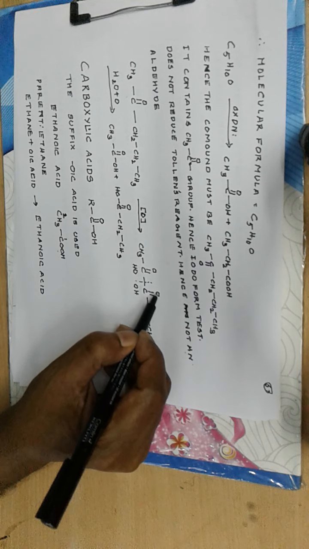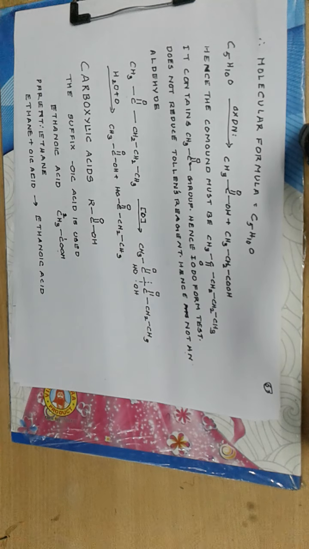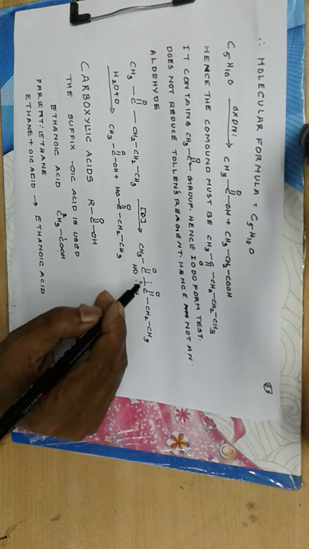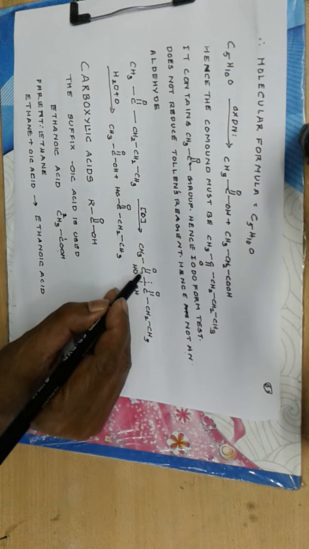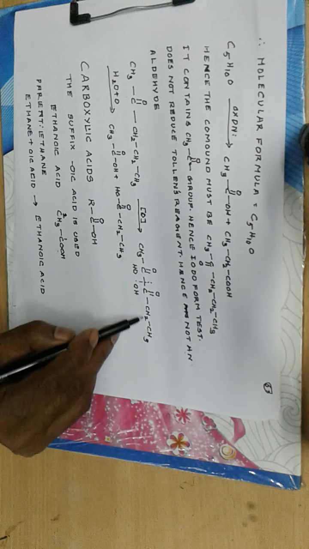So here also delta negative and delta positive repel each other, so that this bond will be eliminated. So it is easily reacted upon by alkaline KMnO4. Two OH groups are getting added, giving COOH and COOH. So we get CH3COOH and CH3CH2COOH. That is the reaction here.